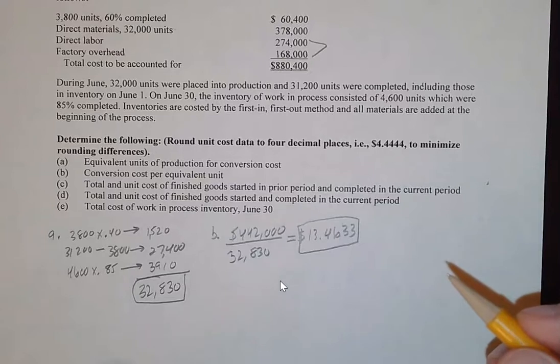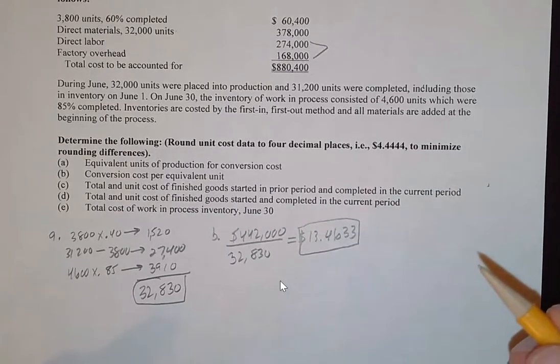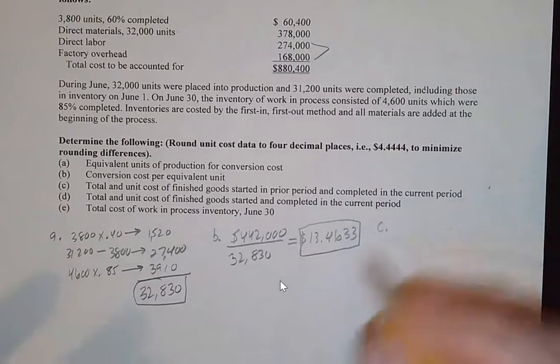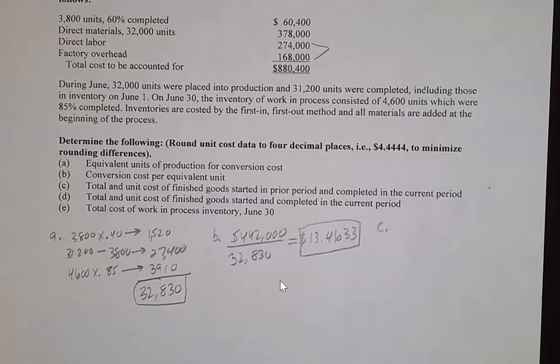Okay, so they want the total and unit cost of finished goods started in a prior period and completed in the current period. Okay. So, very good. That's fine. We can do that fairly pain-free. All right. So, completed in the current period.